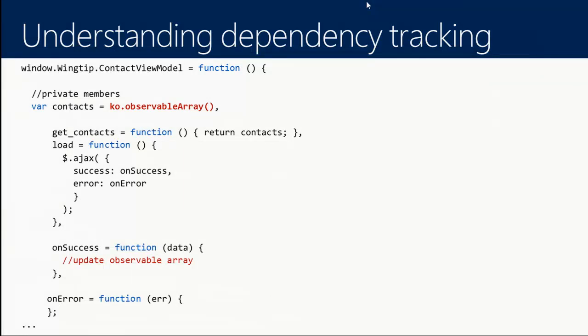We've got a new variable in here, contacts, which is a KO, that's the Knockout namespace, KO observable array. So what makes all this stuff really hum is this KO observable array. So I can declare a variable as such and then fill it with contacts. And if one of those contacts changes, then the array triggers that there's been a change to the data it contains and redraws the page for you.